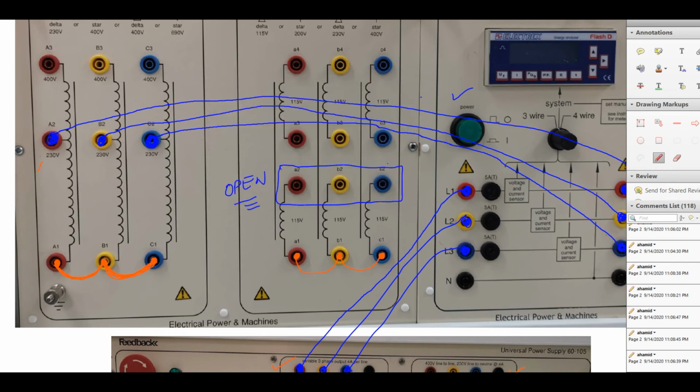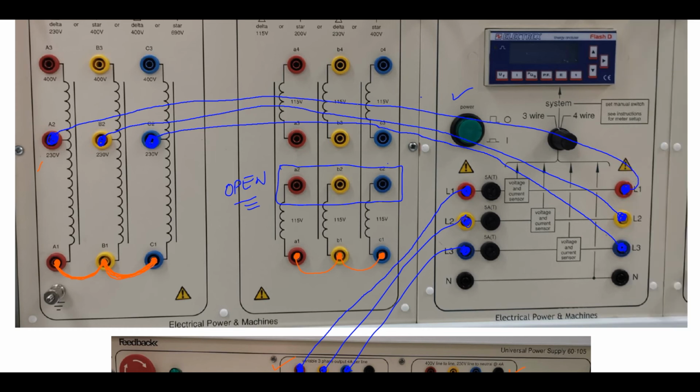Okay, so this will display voltage, so V, which is voltage, will display the frequency of your supply, will display the current for each line. The voltage here will be line to line, and the line to neutral displayed in this screen here.